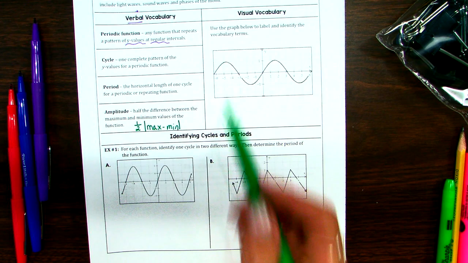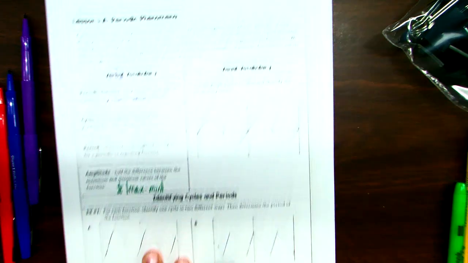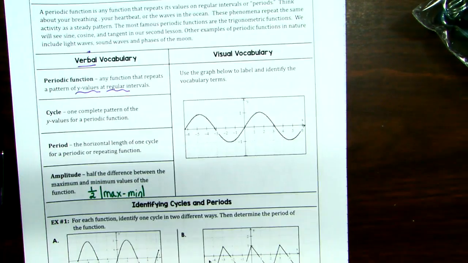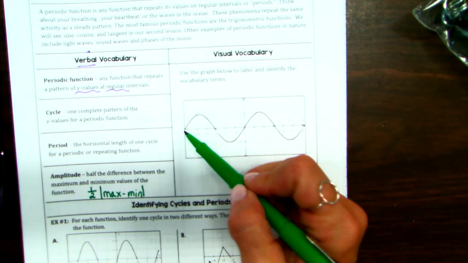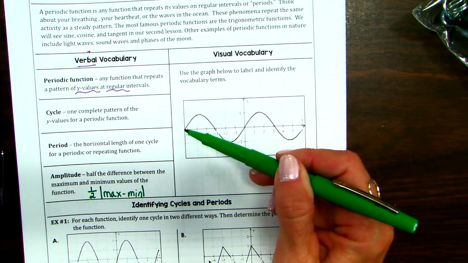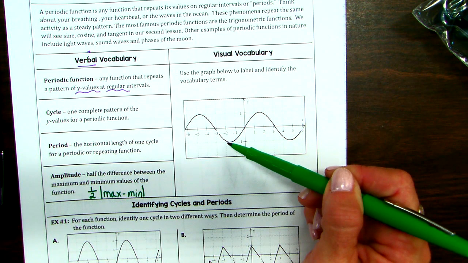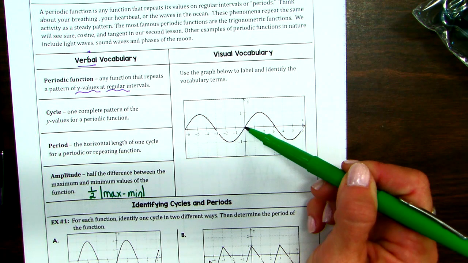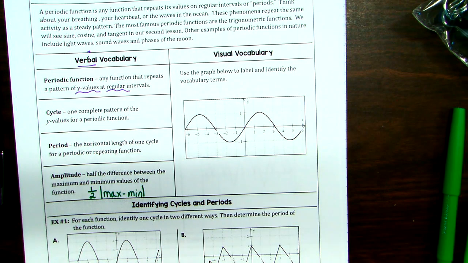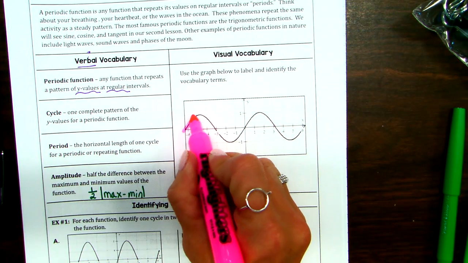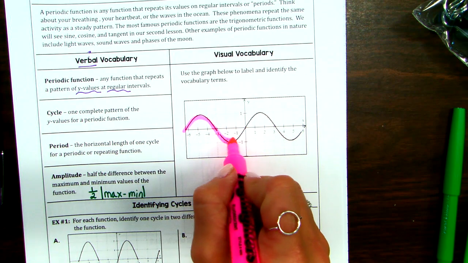Okay? So let's look at an example here of a periodic function. You can see it's just repeating. If we start all the way left, it's on the x-axis. It goes up to 1, x-axis down to -1, and then back up to 0. So I will highlight for you one complete period.